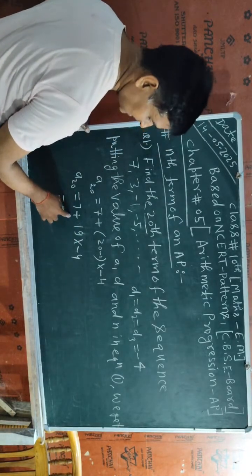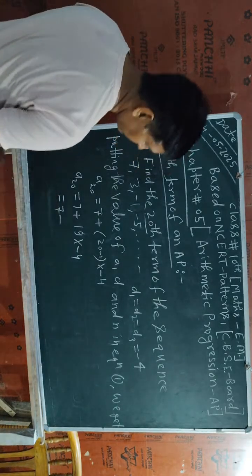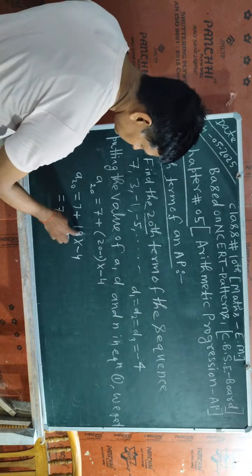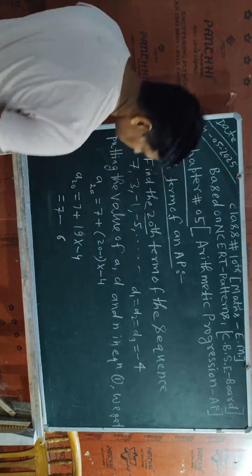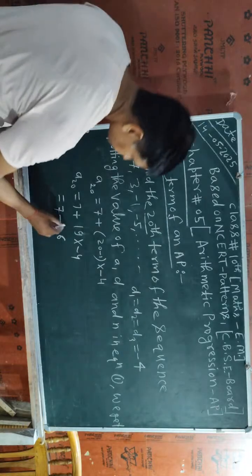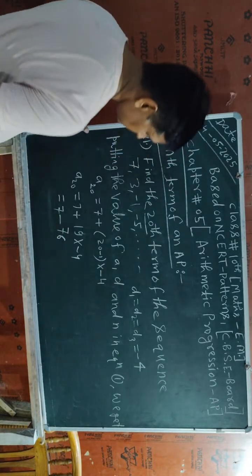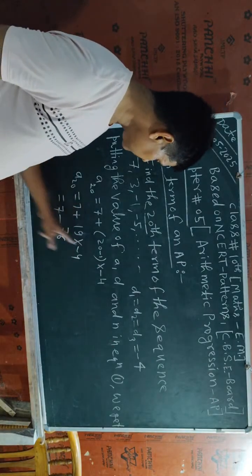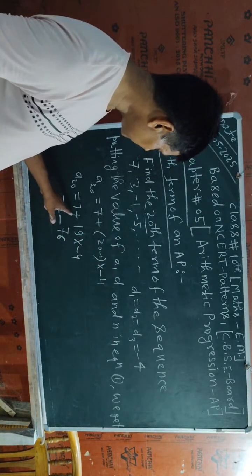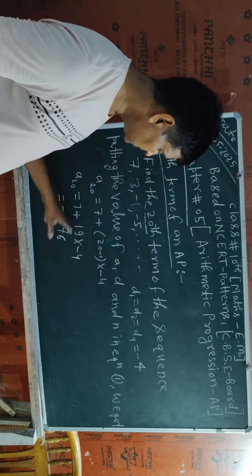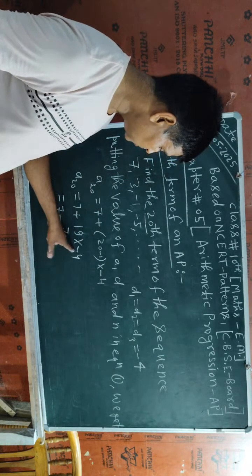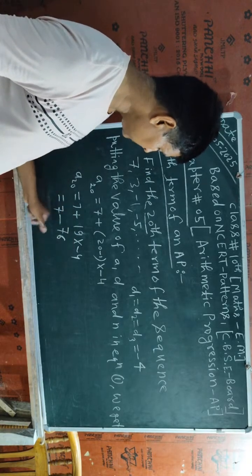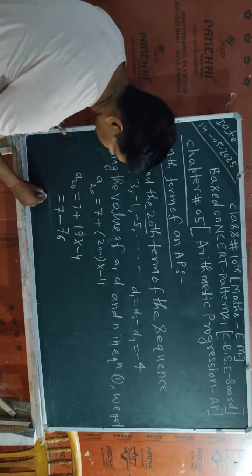So the multiplication of plus and minus will be minus. Now further I will subtract.